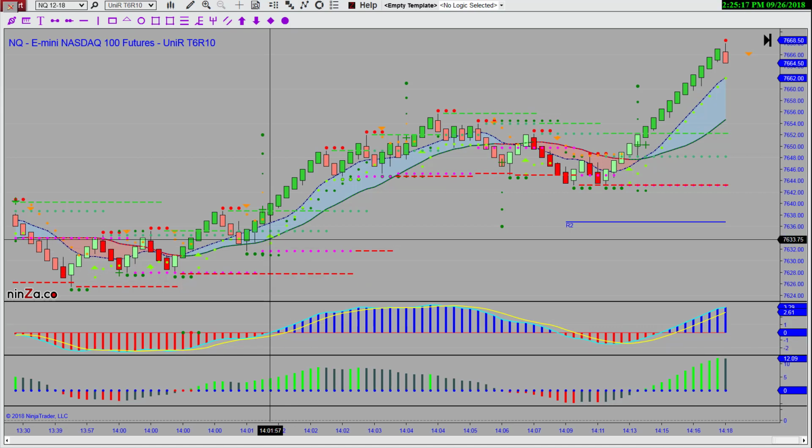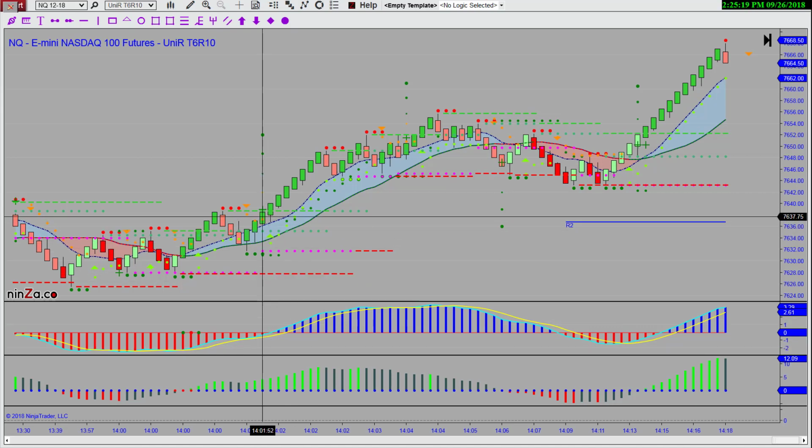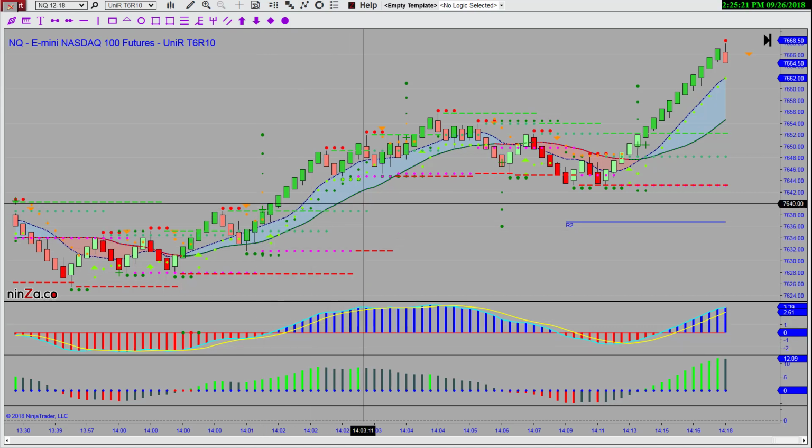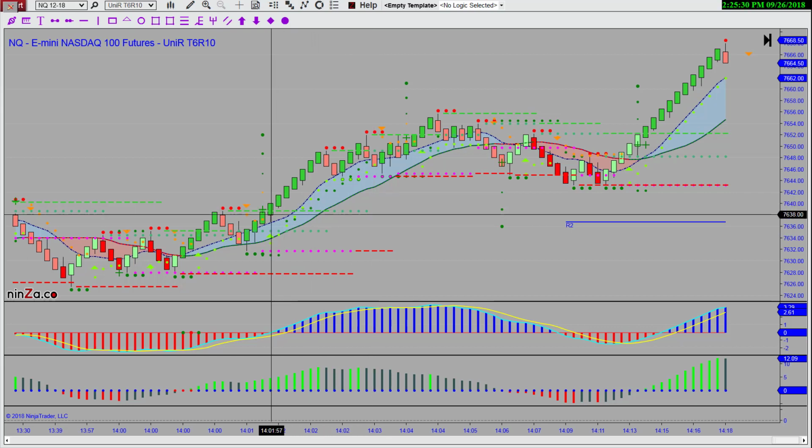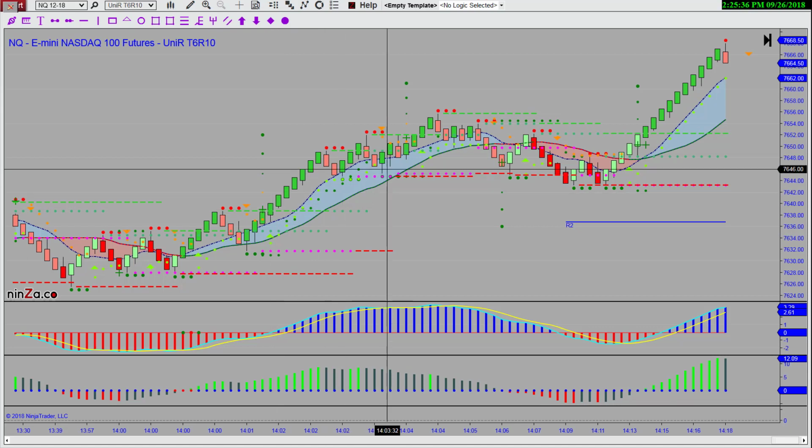But we're talking about 1401.52, and the close of this candle over here was 1403.12. 1 minute and 15 seconds to do that whole trade.